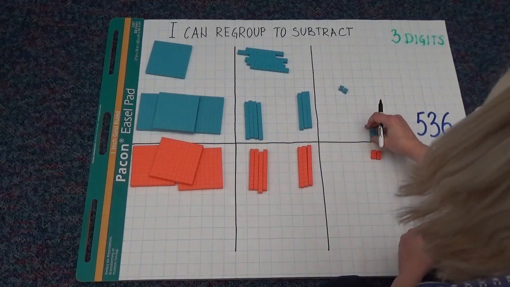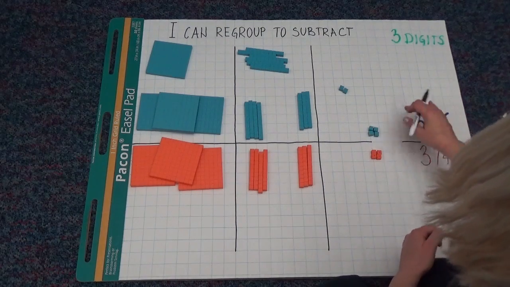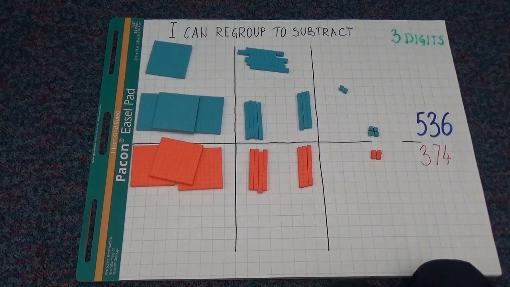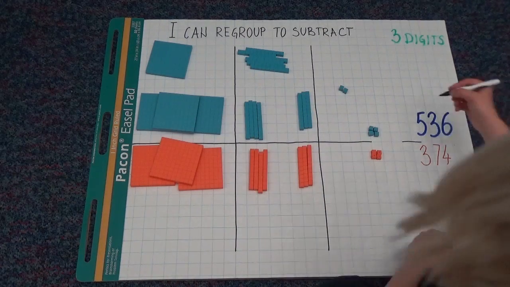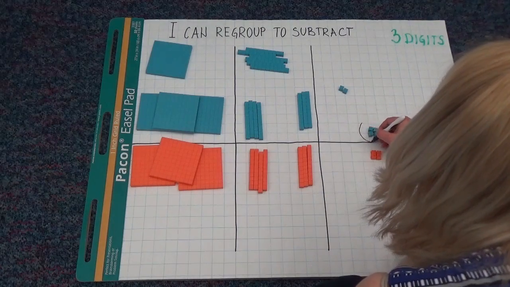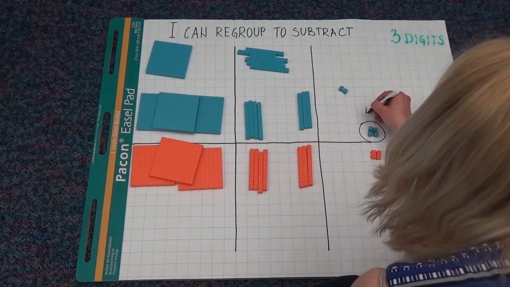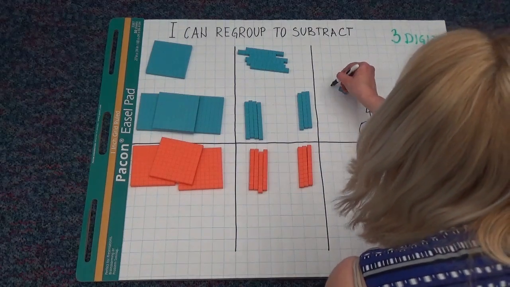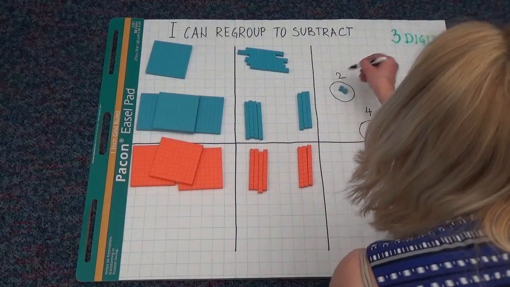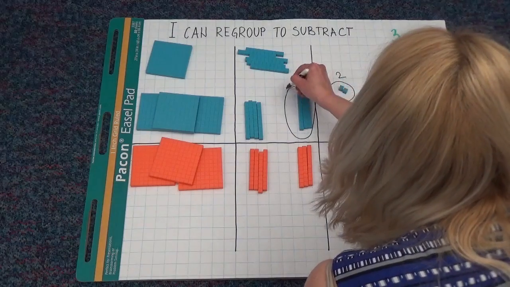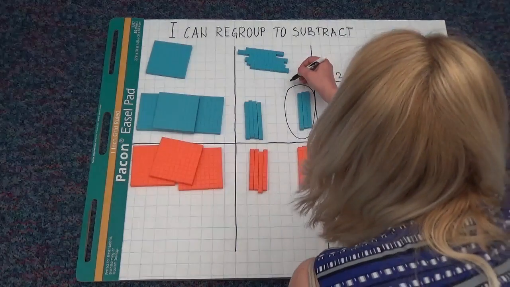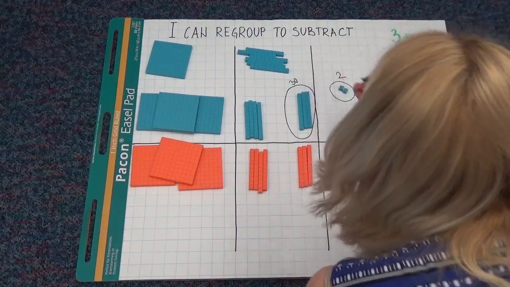And how did we end up decomposing 536 to match 374? This is what we did. We decomposed 6 into a group of 4 and a group of 2. We decomposed 30 into 30.